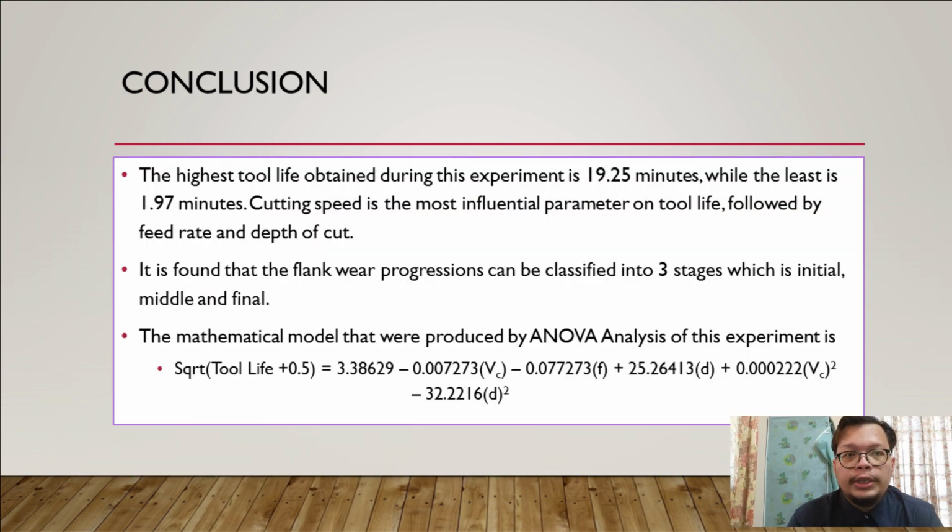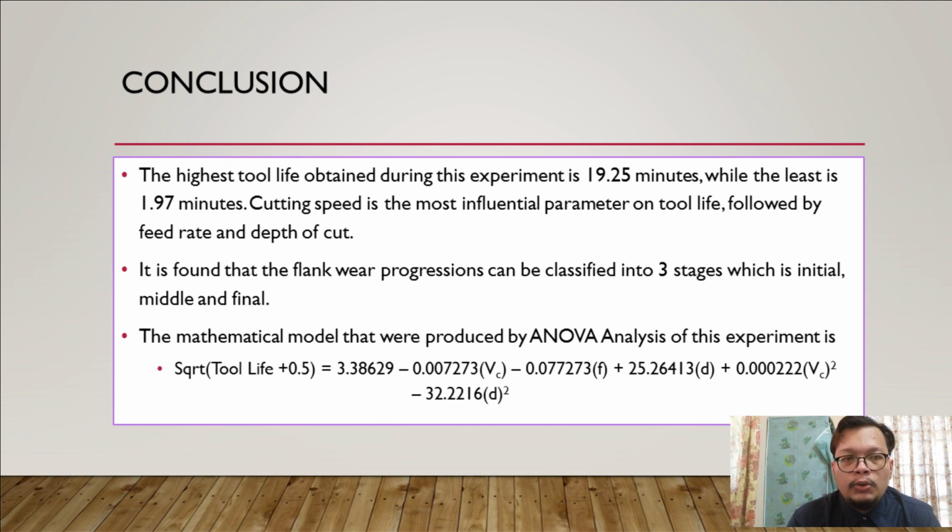As for the conclusion, the three main objectives of this experiment were achieved. Firstly, the highest tool life obtained during this experiment is 19.25 minutes, while the least is 1.97 minutes. Cutting speed is the most influential parameter on tool life, followed by feed rate and depth of cut.